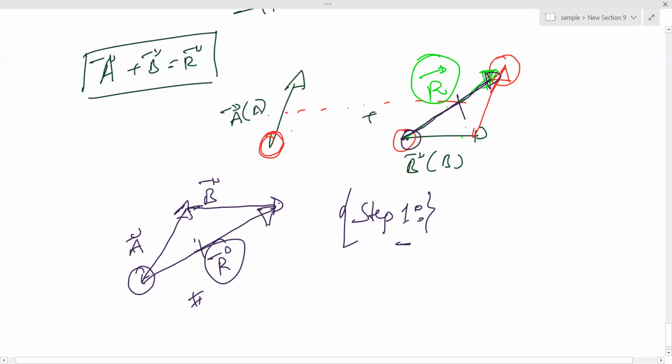Step 2. Now join the free ends. Join the free ends tail to head with a new vector. Then this new vector will represent the resultant of addition.